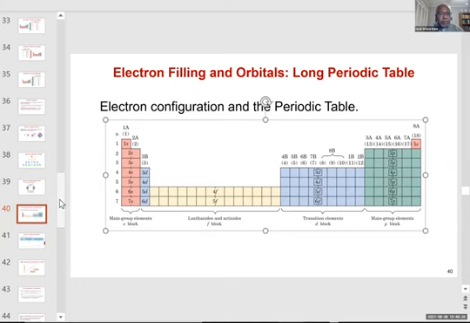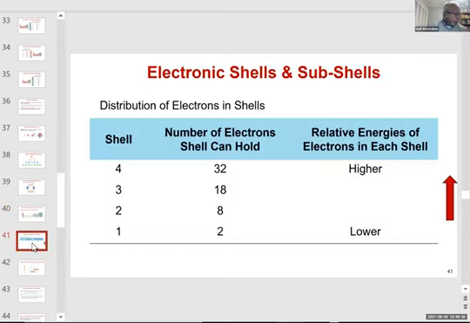Now only 4f is filled. Okay, how do I count? The number of electrons shells can hold.